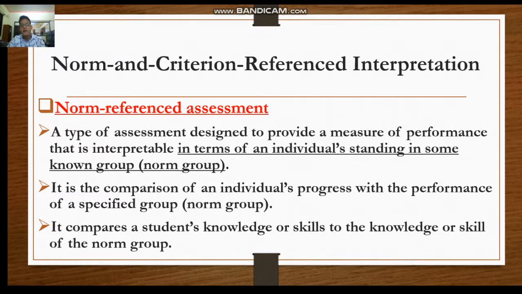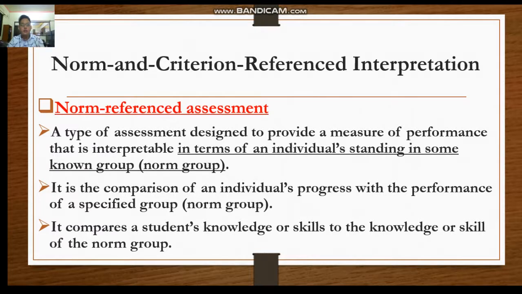Let's say for example, student 1, his or her scores, performance, knowledge or skills we will compare to the performance, knowledge or skills of his or her classmates, or his or her class or section. So that is norm reference assessment.